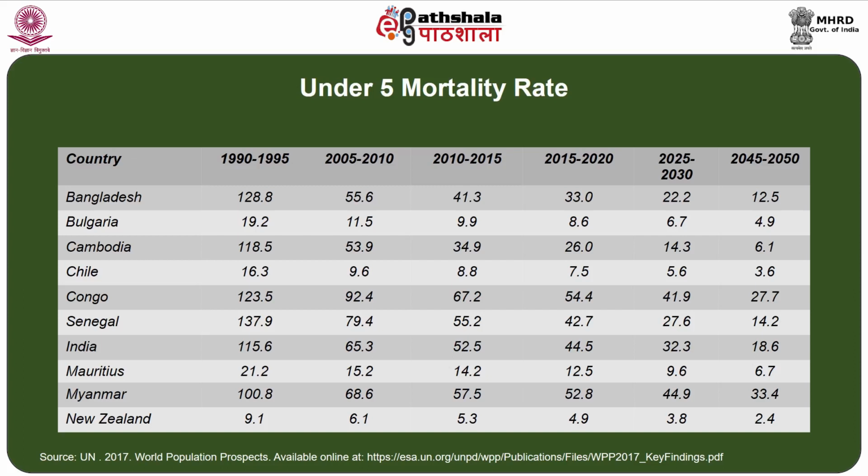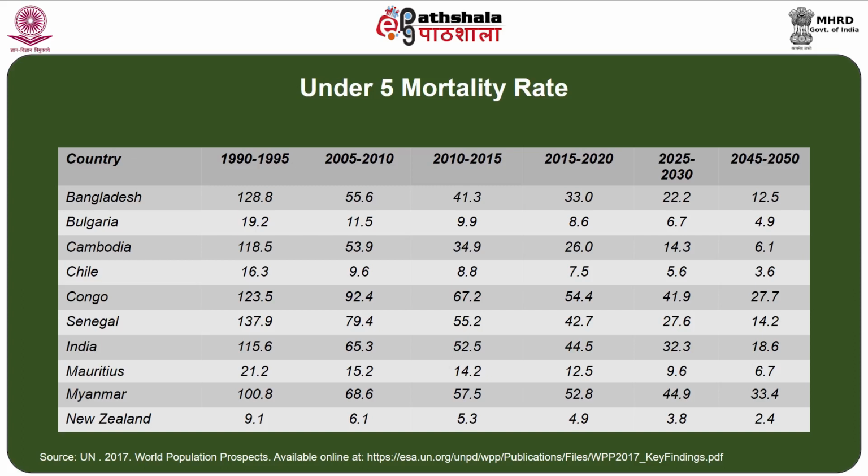The under 5 mortality rate, expressed per thousand live births and given in the table for different countries for the reference period and the projection to 2025 to 2030, clearly indicates that the under 5 mortality rate has a considerable range even in 1990 to 95, although this range has steeply declined in 2010 to 2015, and is further projected to decline considerably in 2025 to 30, as the mortality rates for this age group decline for all these countries.